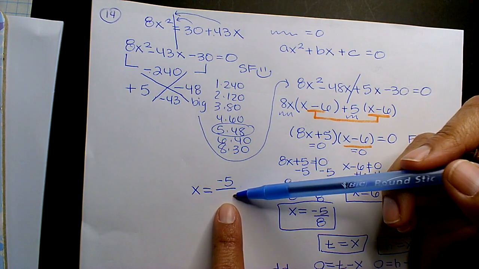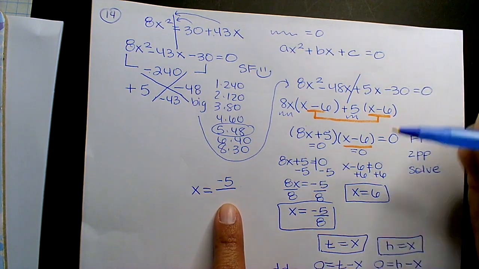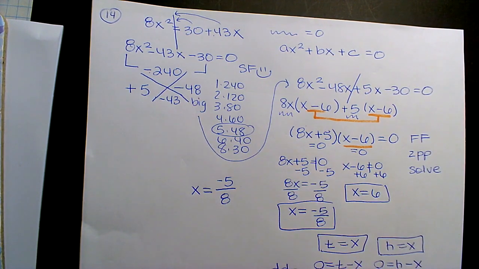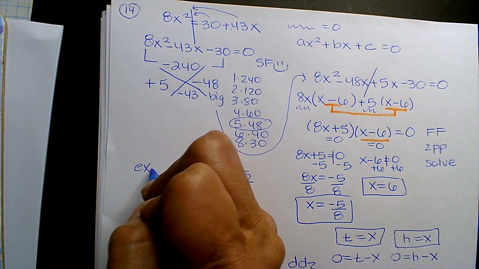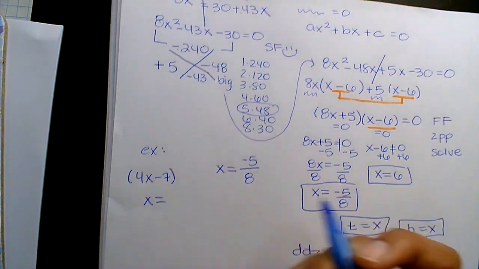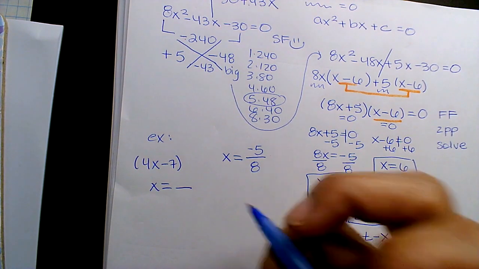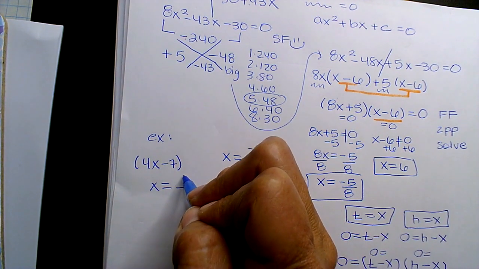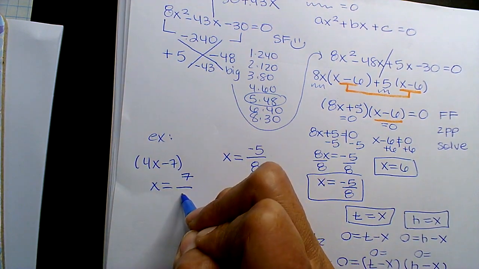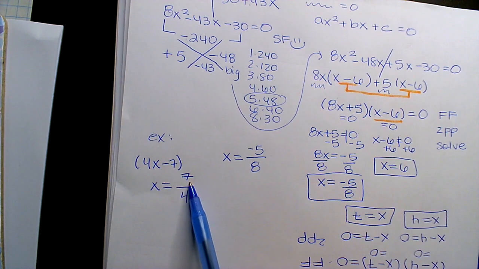What is your denominator? It's what you have to divide out, which is the coefficient. And so your denominator is 8. It's always, always, always. So for example, if I gave you 4x minus 7, what is the fraction? What's the top number? 7 over 4. What's the opposite of negative 7? Positive 7. The 4, that's your denominator.